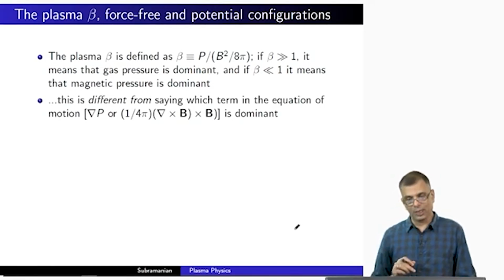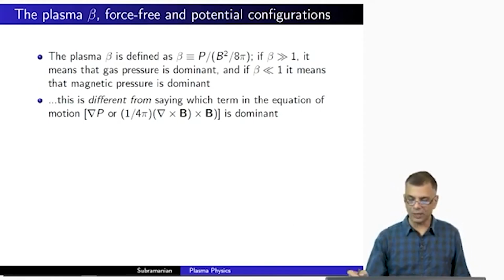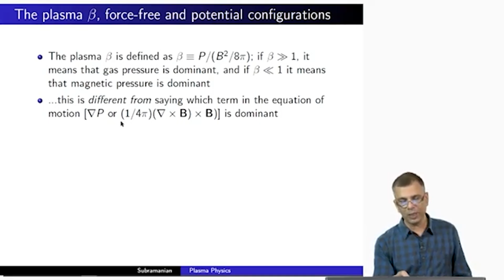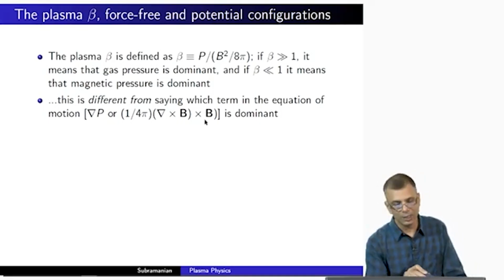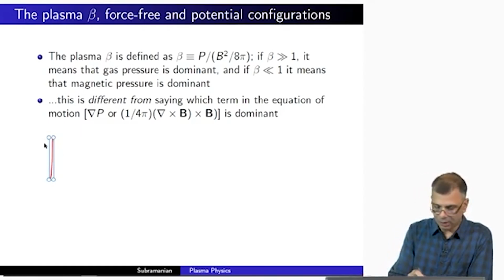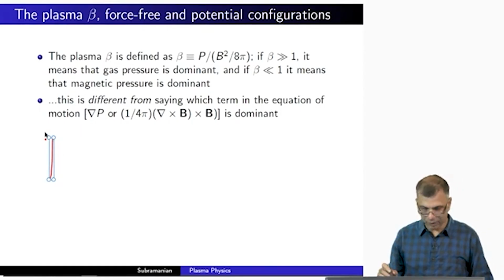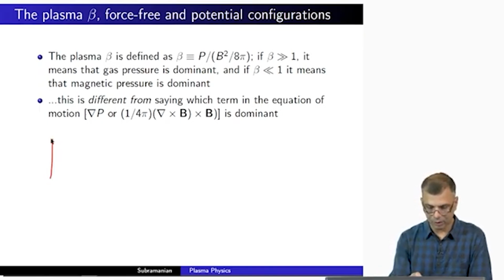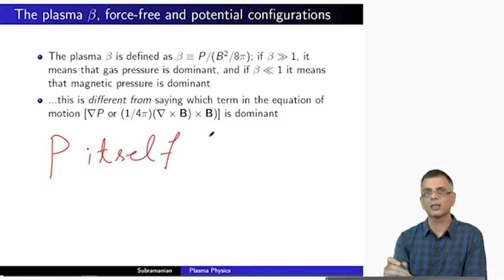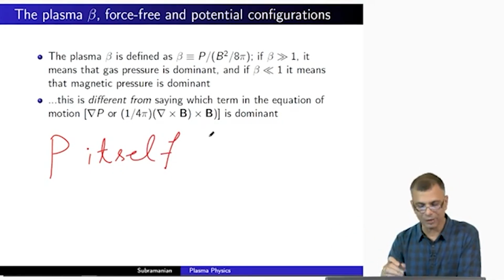However, this is different from saying which term in the equation of motion, gradient of P or this, is dominant. You see, P itself, for instance, let us consider a situation where beta is much larger than 1.